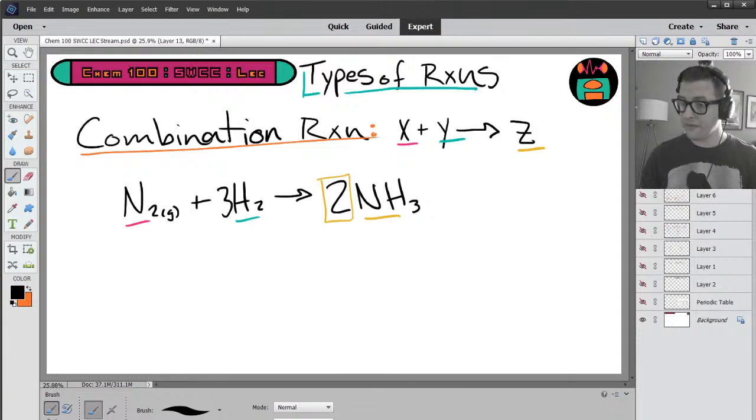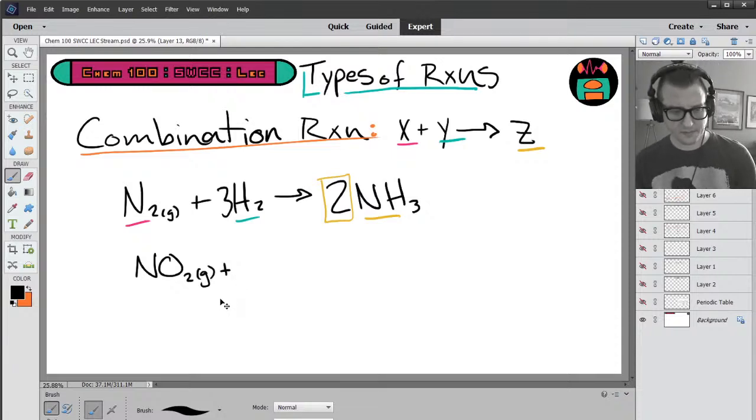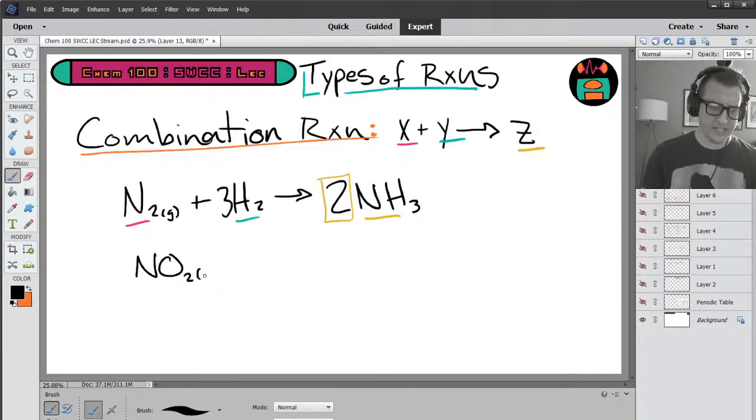Another example of a combination reaction would be the reaction of nitrogen dioxide gas. Actually, sorry, got the wrong phase. This is aqueous nitrogen dioxide. It can react with aqueous hydrogen peroxide to produce nitric acid.